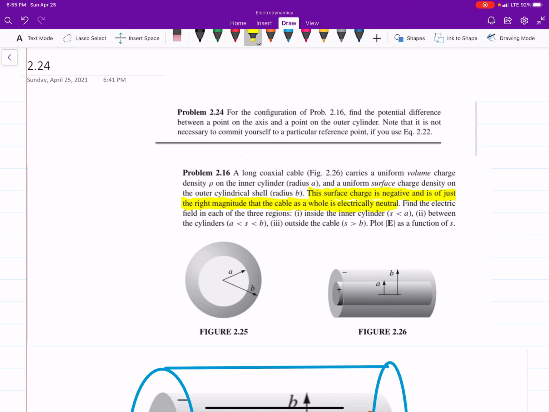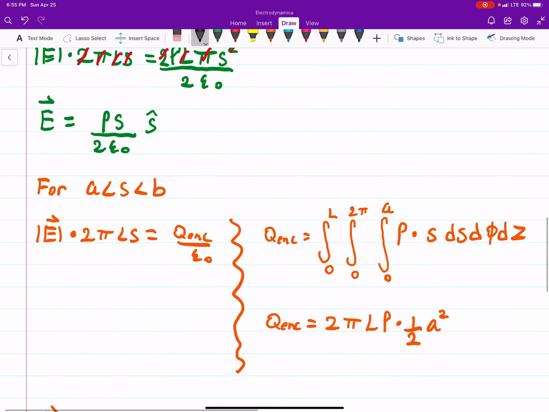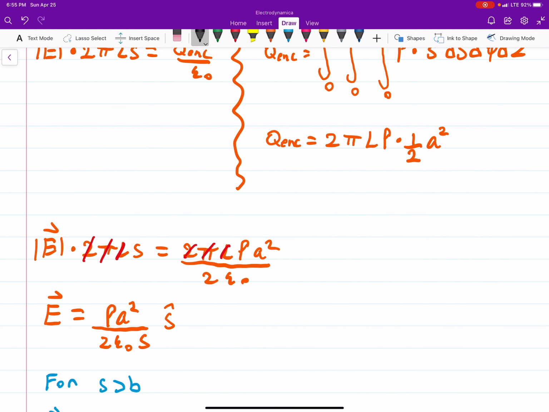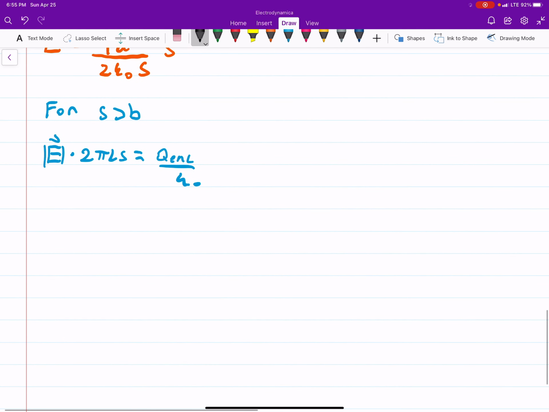What that means is the charge that you have on that surface area there and with the volume are the exact same in terms of magnitude. So the enclosed charges, you could think, cancel one another out in a way. So because of that, the enclosed charge is just 0. So your E field in this region is 0.